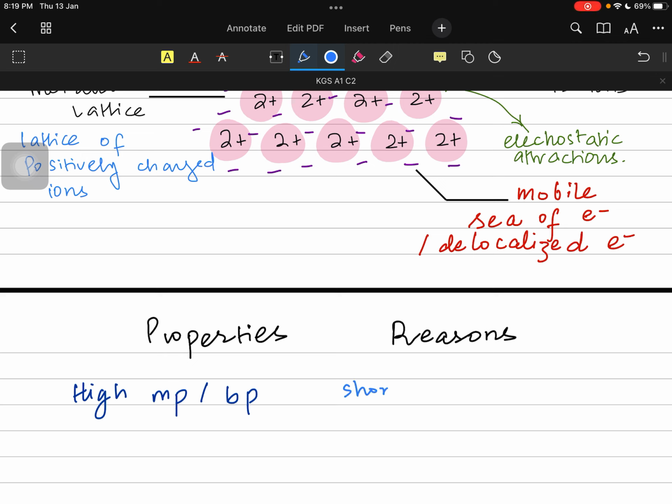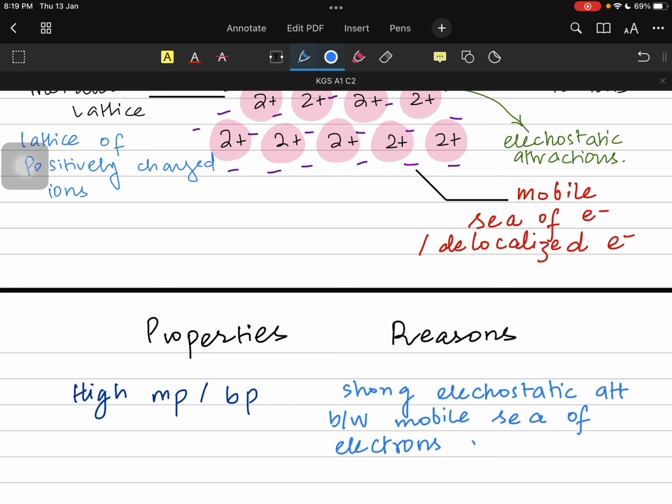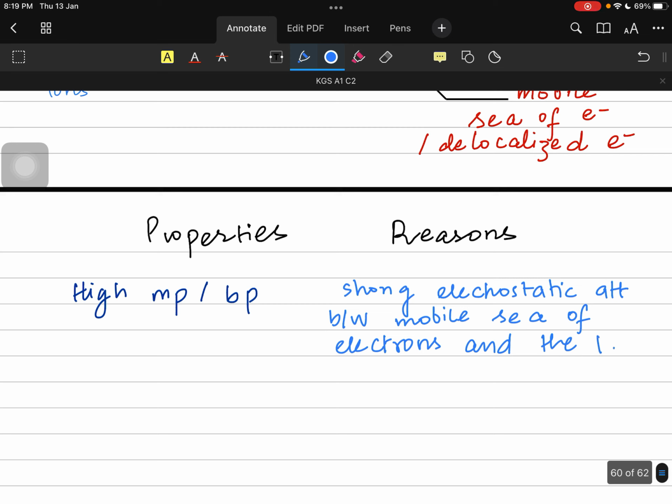So strong electrostatic attractions between the mobile sea of electrons and the lattice of positive ions.